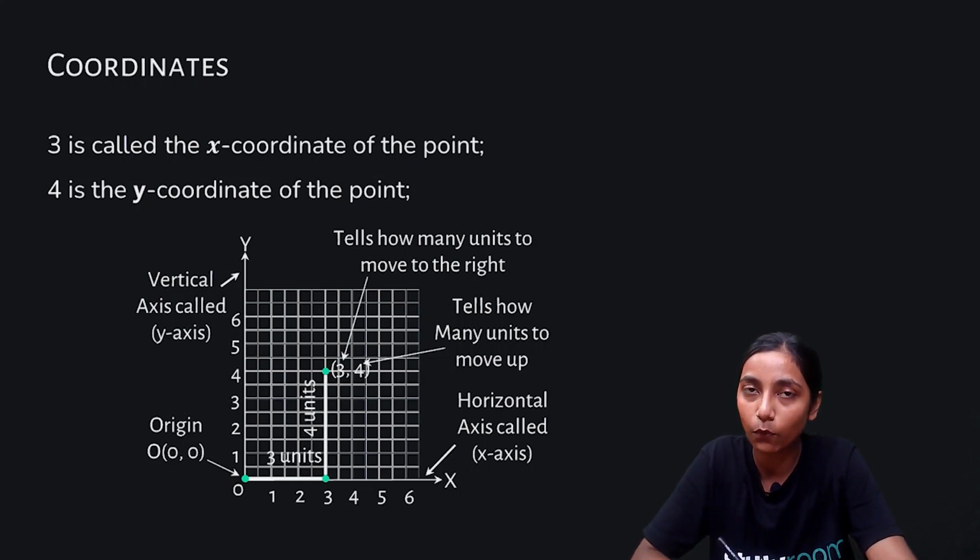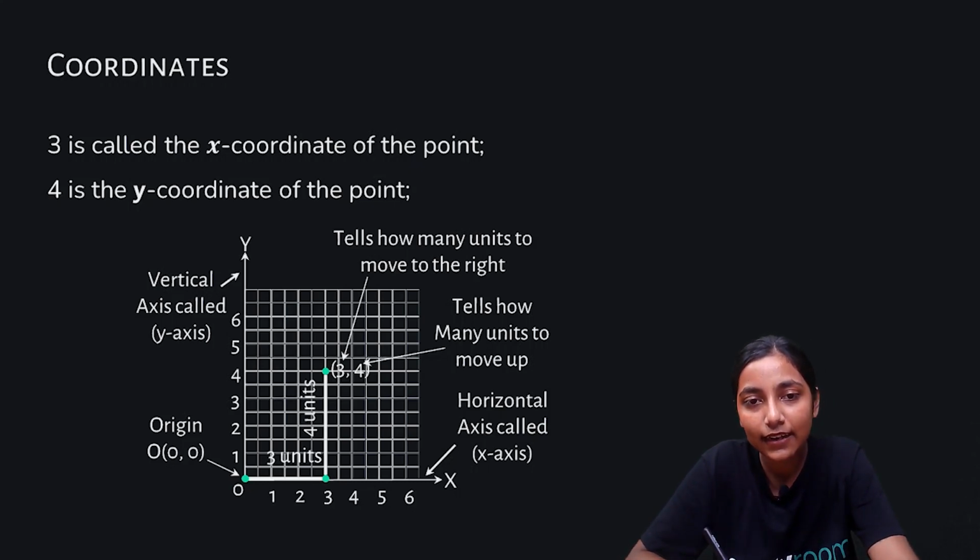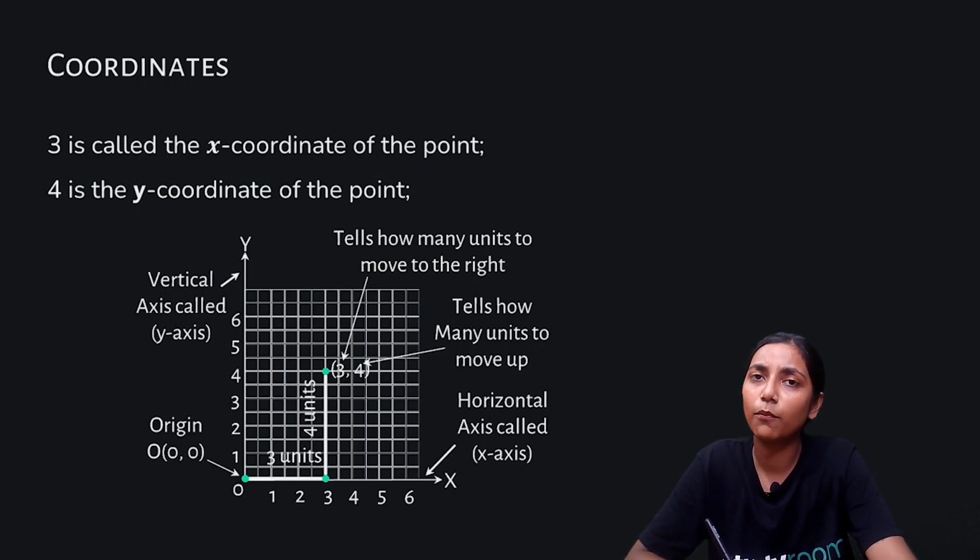This point O is our origin, and the coordinates of the origin are 0, 0. Further, here I have made this green point. So what is this green point? The coordinates for this green point are 3, 4.